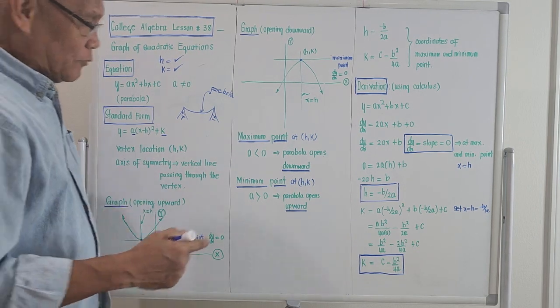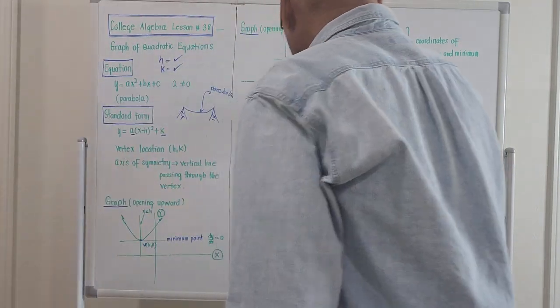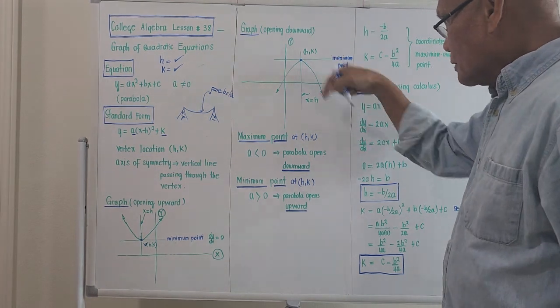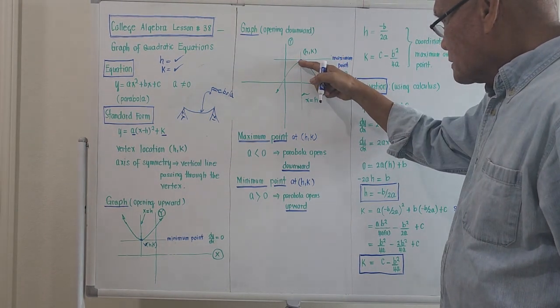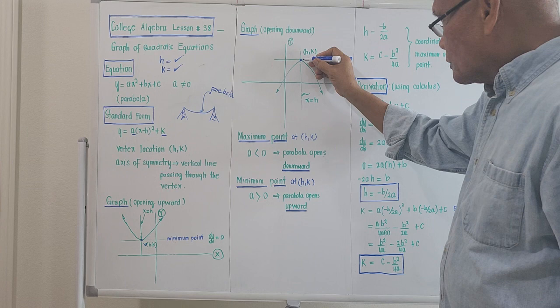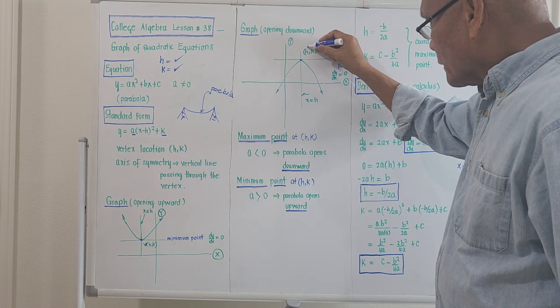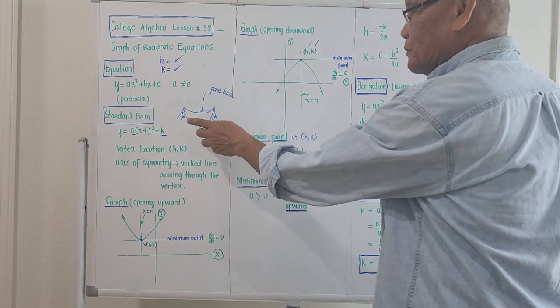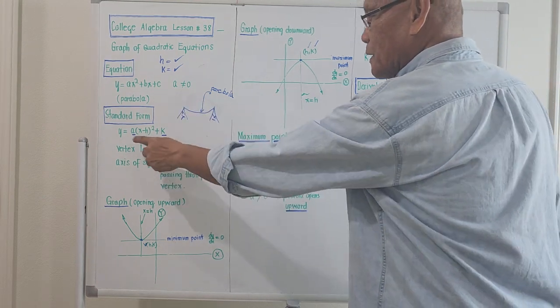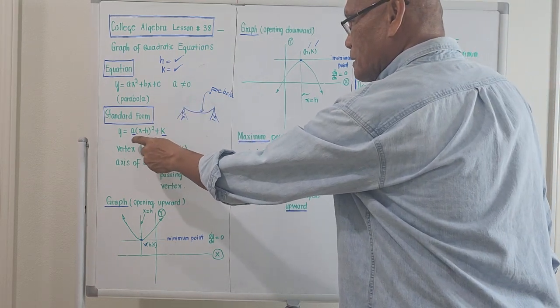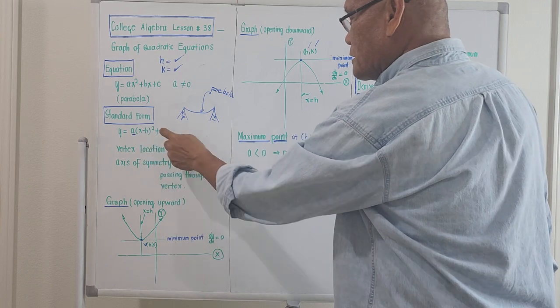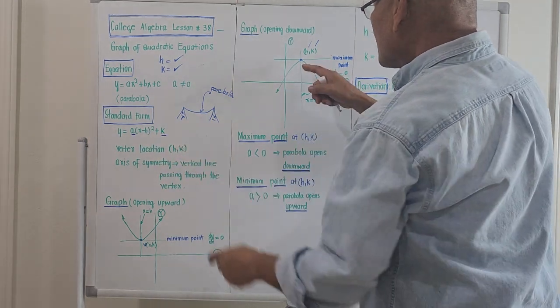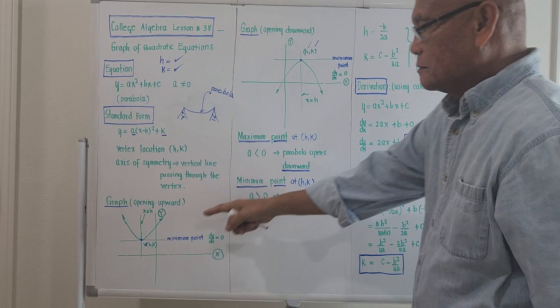For the other graph, if the parabola is downward, this is the vertex, and the coordinates of the vertex are also given by h and k. So under the standard form, h and k refer to the coordinates of the vertex.